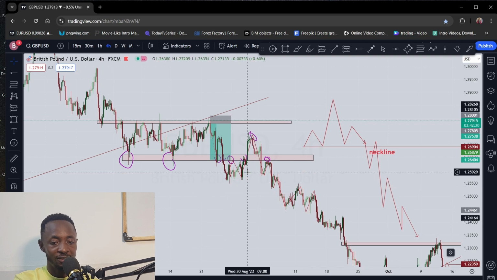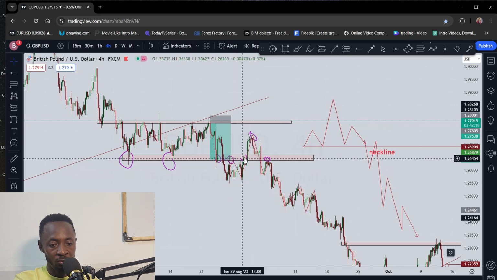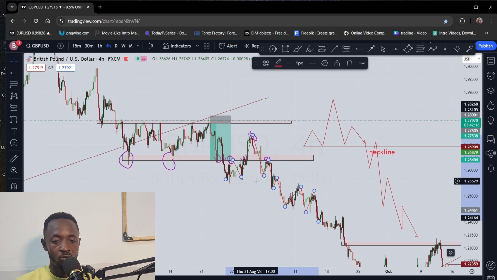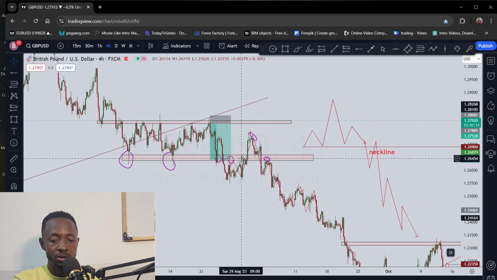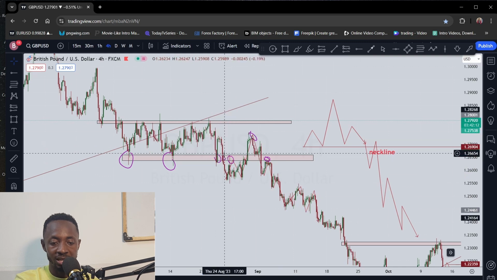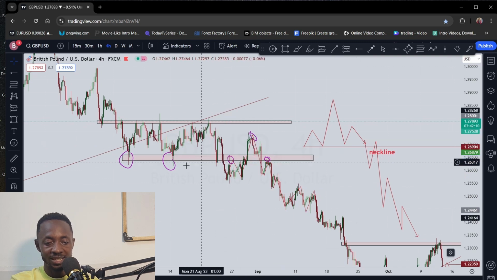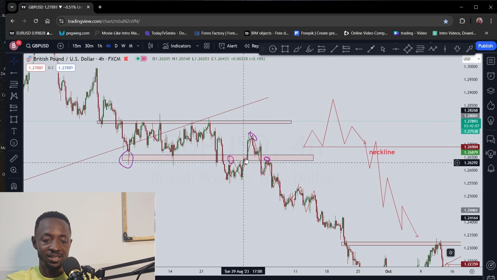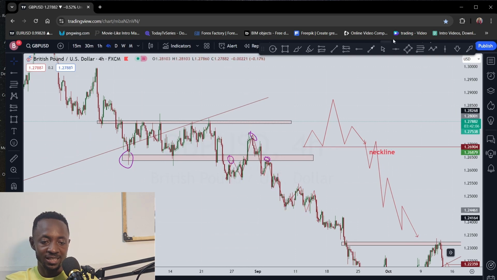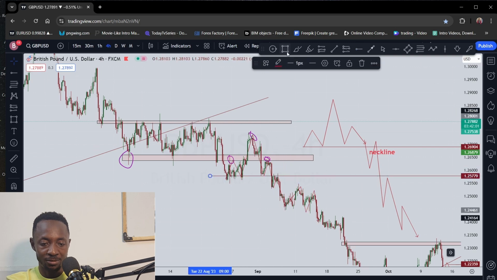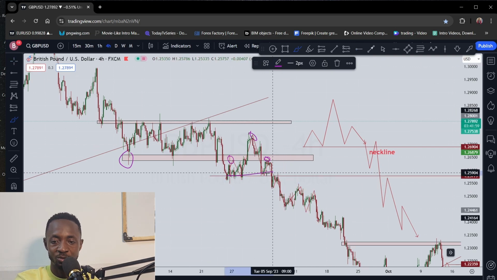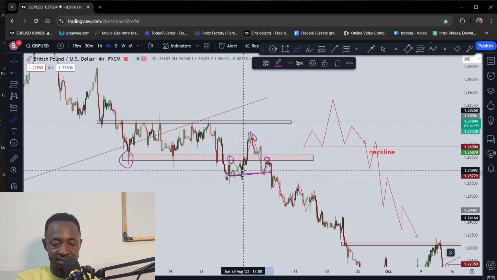Nicely done. But now, as soon as it broke below it, you know that, man, there's a problem. Then you wait for another formation. But now as it came above, it now gave us a nice head and shoulder. Just like I was saying. It now gave us a nice head and shoulder, right? In this place, head and shoulder. What do you do? You wait for it to break this neckline.